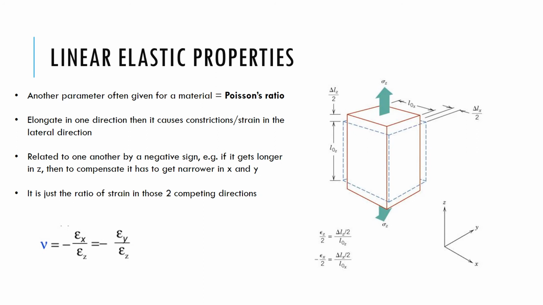Now, another parameter that you'll see for materials is something called the Poisson's ratio. If you elongate a material in one direction, then it will cause constrictions or strain in the lateral direction. And these are related to one another by a negative sign, i.e. if the material gets longer, then to compensate it must get narrower in X and Y. And it's very simply the ratio of the strain in those two competing directions.